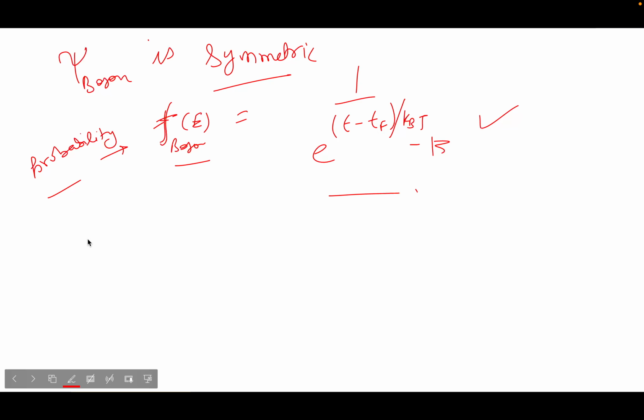Now let's discuss it with temperature T. There is a critical temperature known as the Bose temperature. This is already discussed in class.